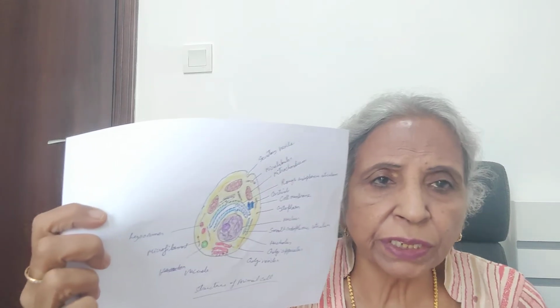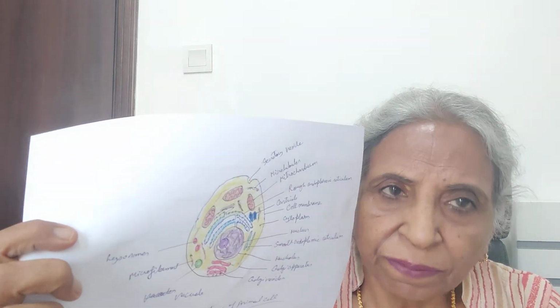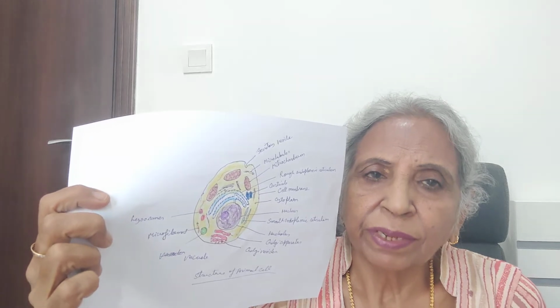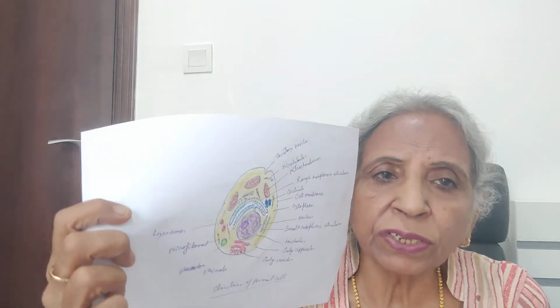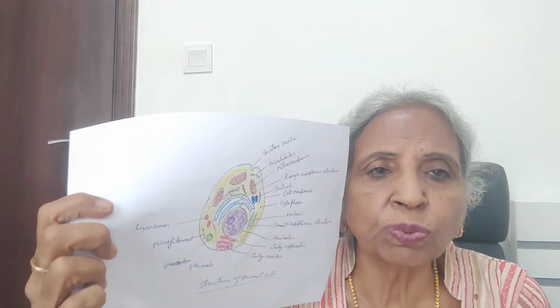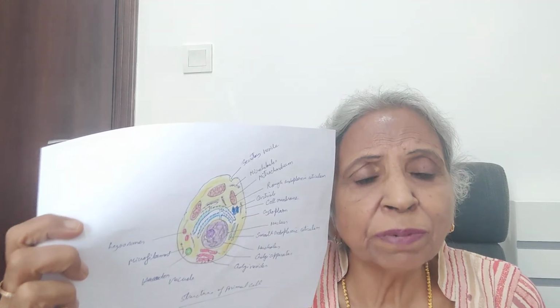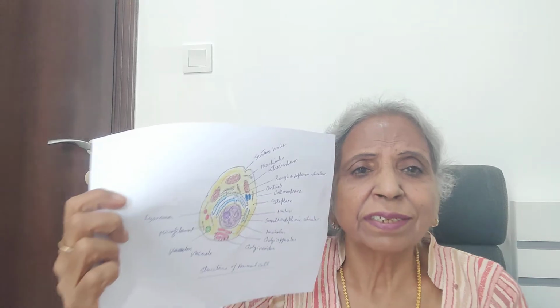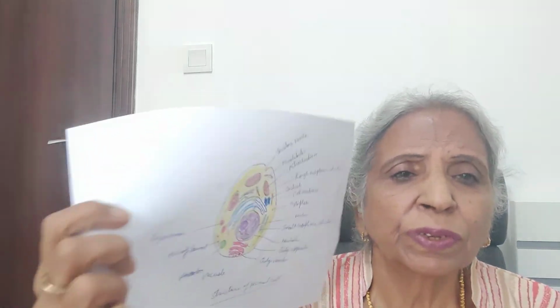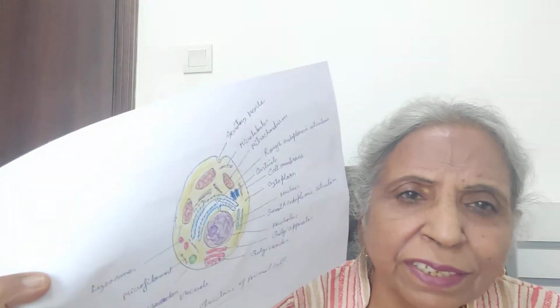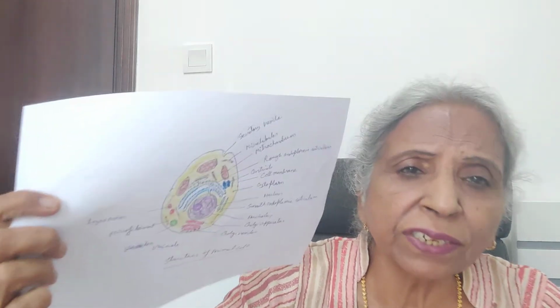If some food particles are taken in from the outside, these lysosomes will digest that food particle, breaking it down into smaller particles by their enzymes. So it helps in synthesis, digestion, and providing energy. Lysosomes are also excretory in nature.